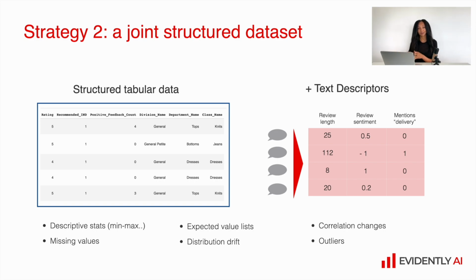Basically, if you join your structured features with the raw text-based descriptors, you already have a structured representation, right? And here you can perform some combined analysis of your structured data, like descriptive statistics, missing value statistics, drift analysis, and etc. That's quite convenient because after a join, you deal with a single structured dataset.